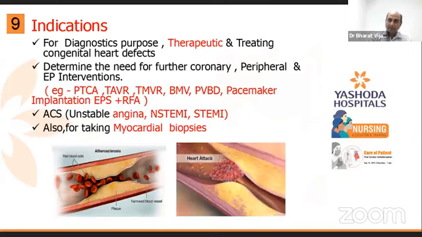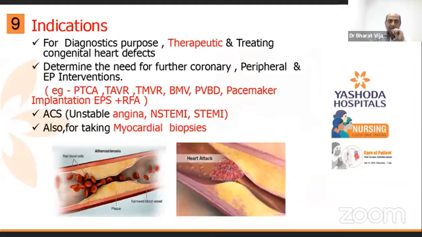For fast heart beating, a patient who has got an irregularly and abnormally fast heart beating, we do an EP study. EP study is mainly to find out where exactly the fault is lying, which is making the heart beat so fast. When you have a fast electrical activity, you need to find out where is the source.